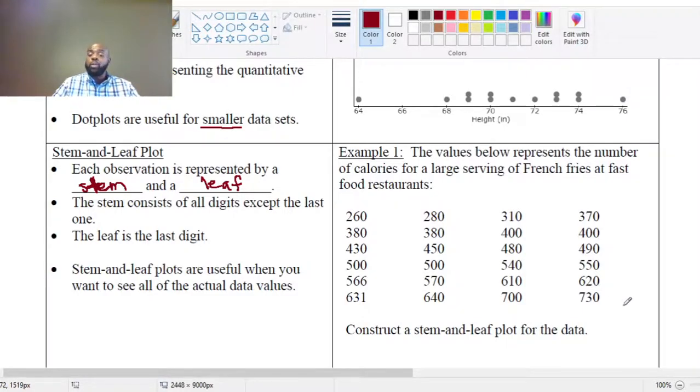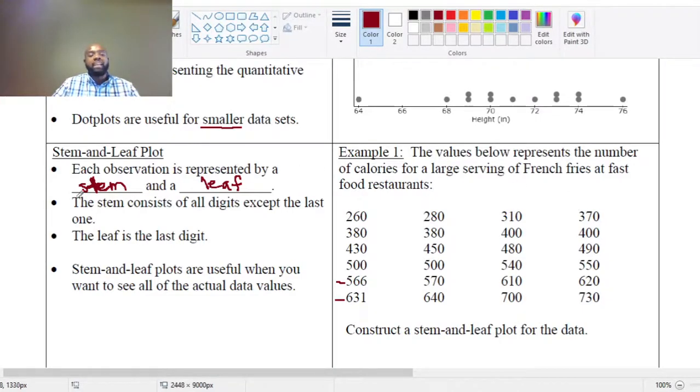And so what we're going to do is construct a stem and leaf plot for this data set. Now, what I want you to notice with this data set is that most of the last digits are zero, right? It doesn't occur for 566 and 631, but all of these other numbers of calories for these large servings of French fries end with a zero, right?